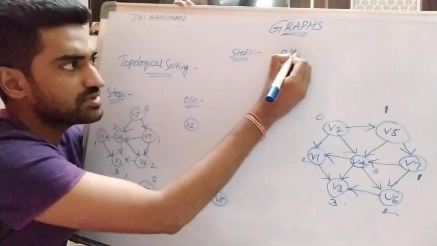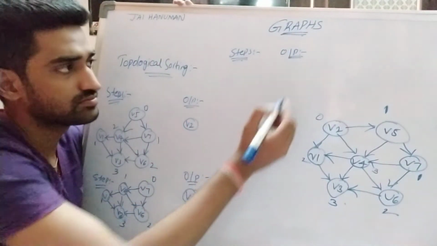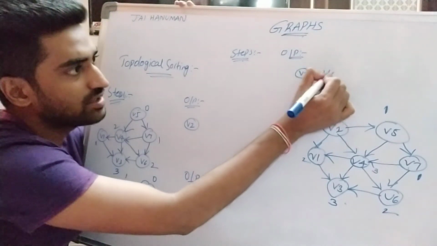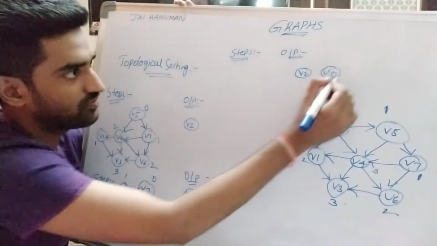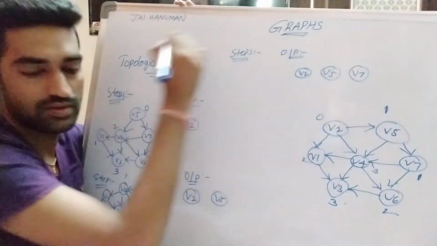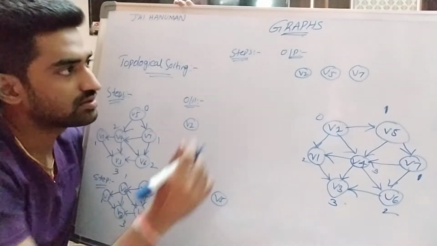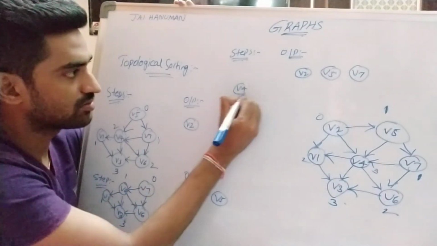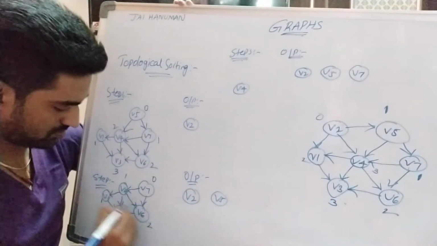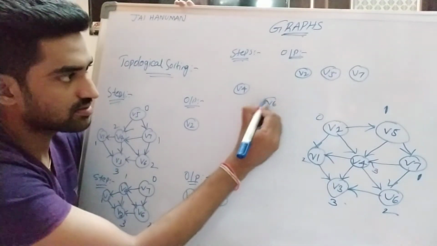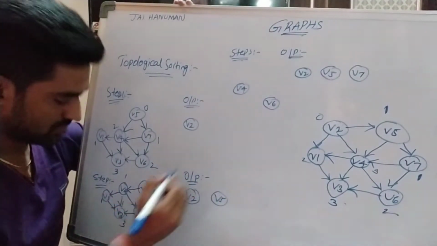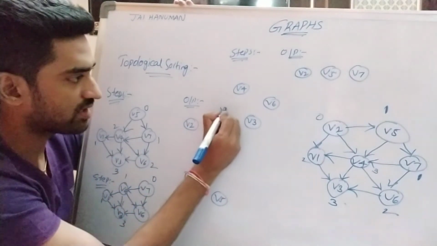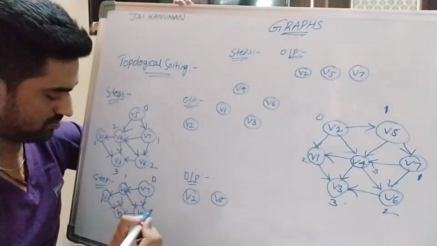Now output becomes V2, V5, V7, right? So now graph becomes V4, V6, V3, V1, right?